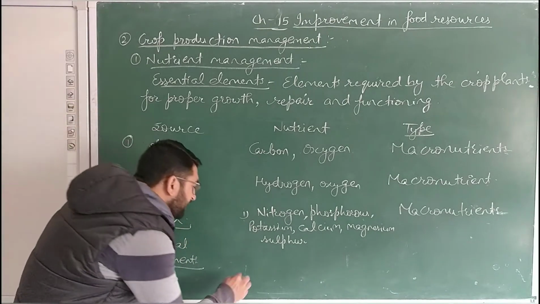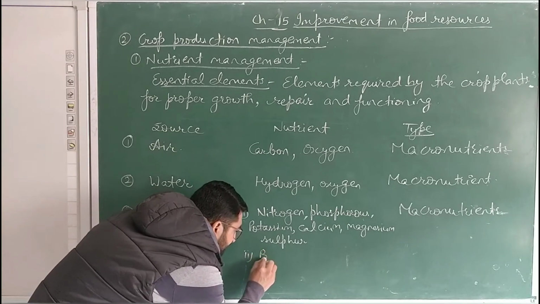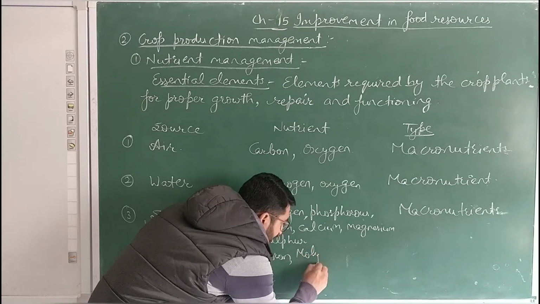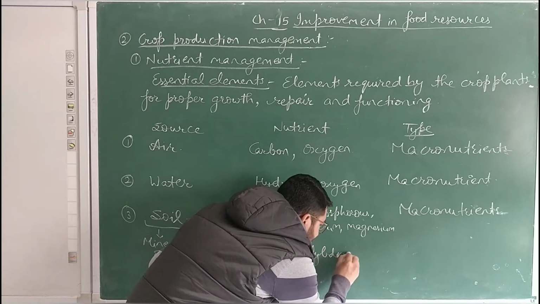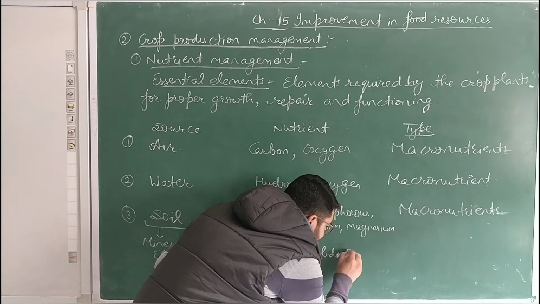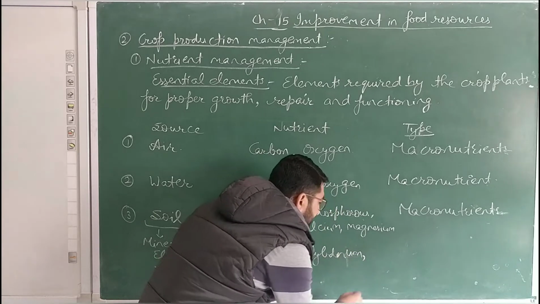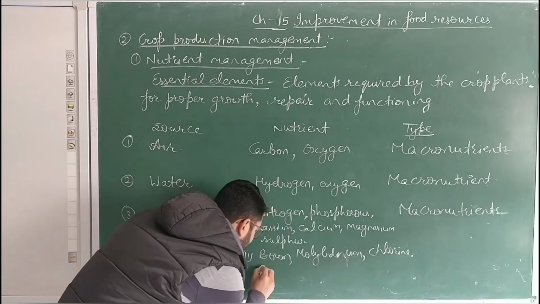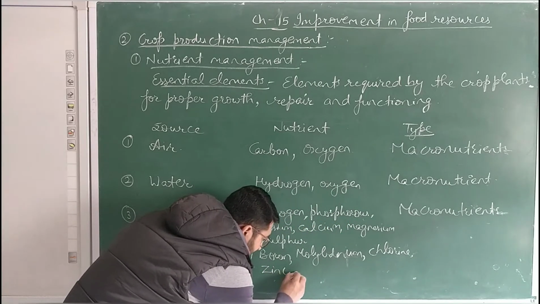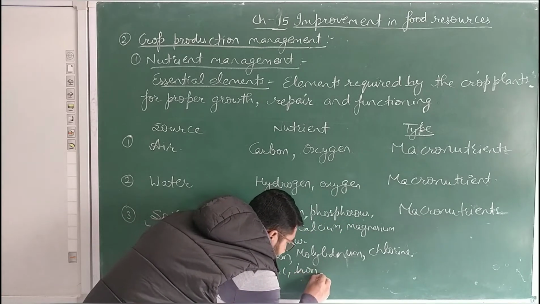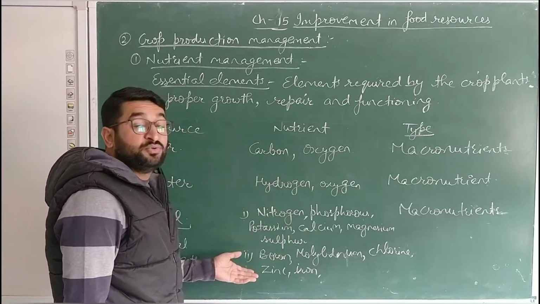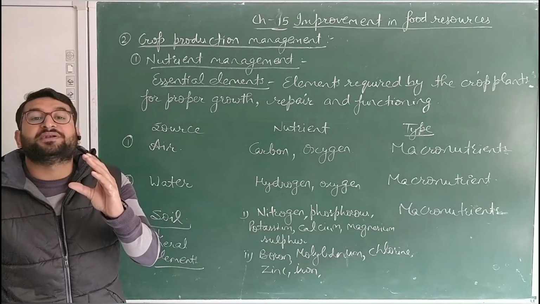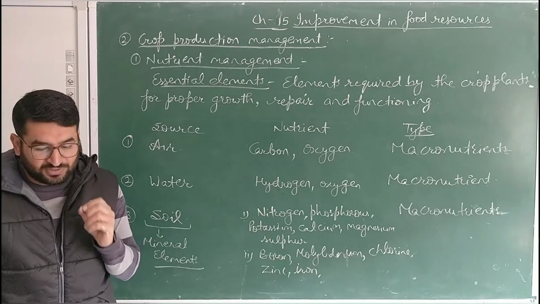The next is micronutrients: boron, molybdenum, chlorine, zinc, iron, nutrients which are required by the plants in small quantities, in less quantities.